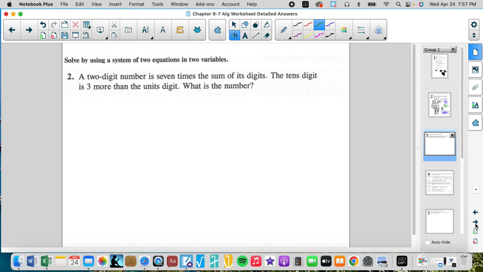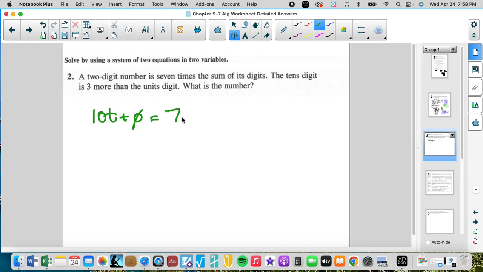A two-digit number is 7 times the sum of its digits. A two-digit number, so 10t plus the ones place is 7 times the sum of its digits.